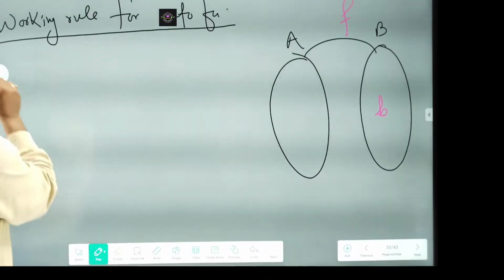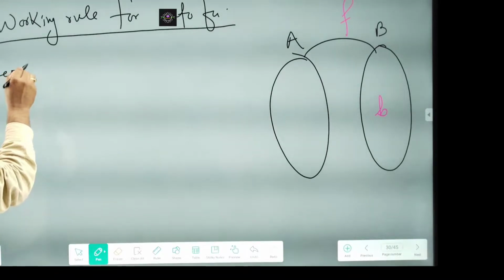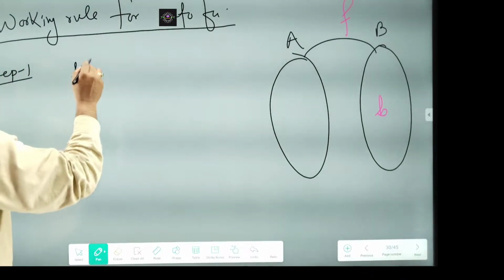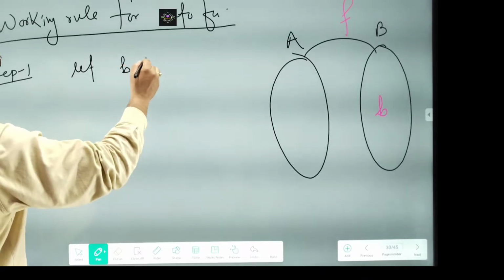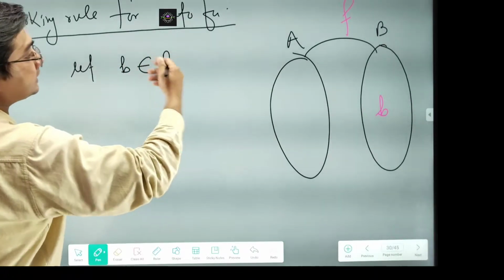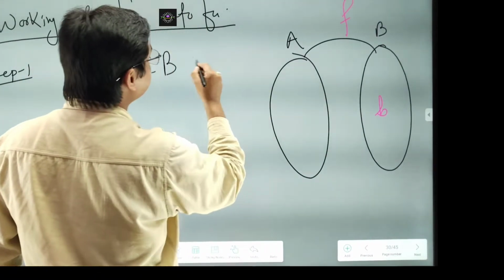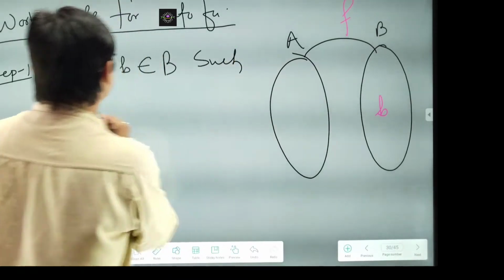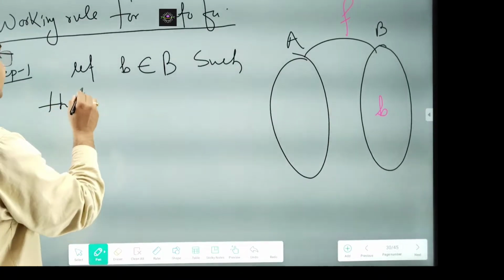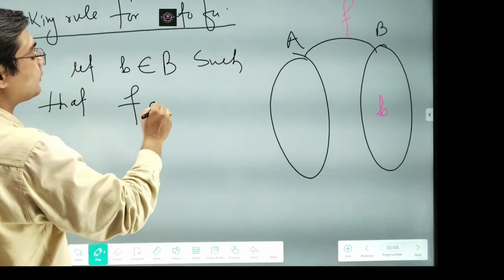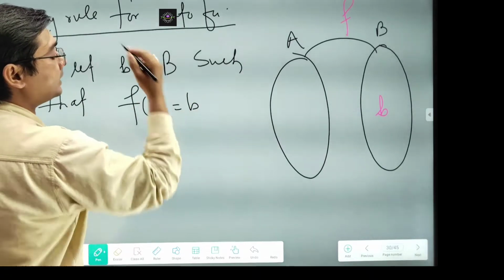So in the first step, what we do, let small b belong to this set. इसमें कोई भी एक एलिमेंट ले लेगा such that f of a equal to b.